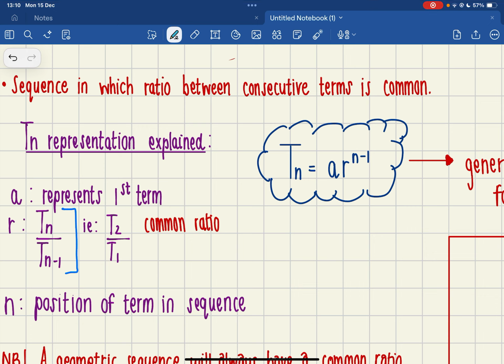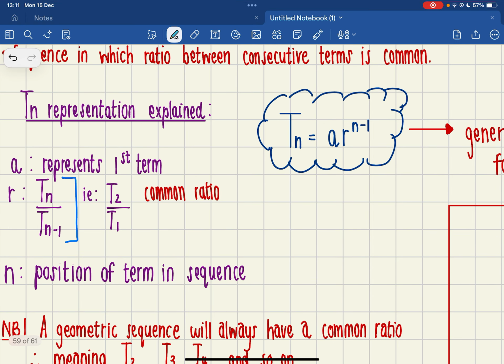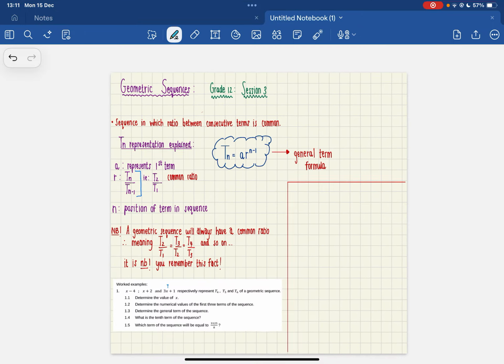For example, T2 over T1, or T6 over T5, or T4 over T3, or T10 over T9. So it's always the bigger term over the term that's one less than it. The bigger one dominates and is always on the top. And n is essentially the position of the term in the sequence.